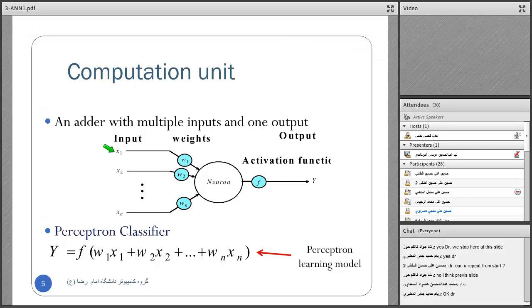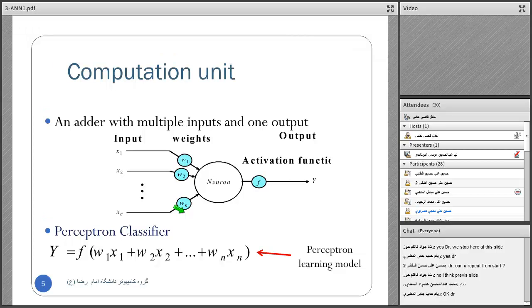In this computation unit, you see that we have some inputs x1, x2, xn. Each of the inputs has a weight w1, w2, wn.